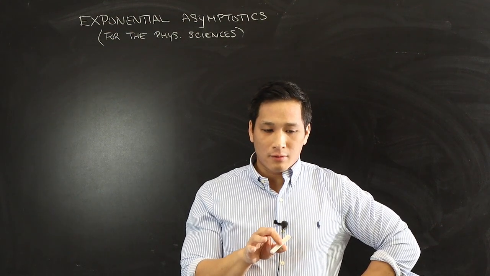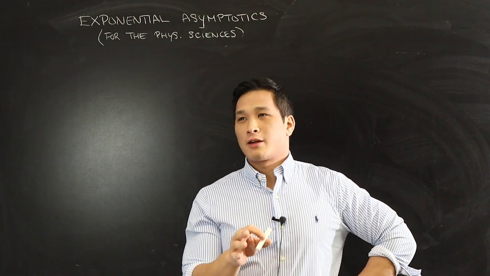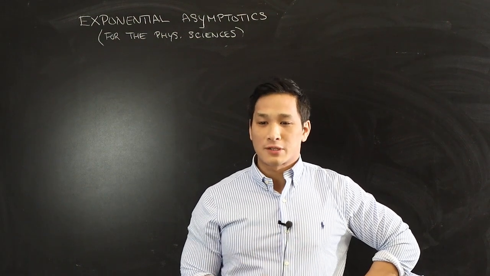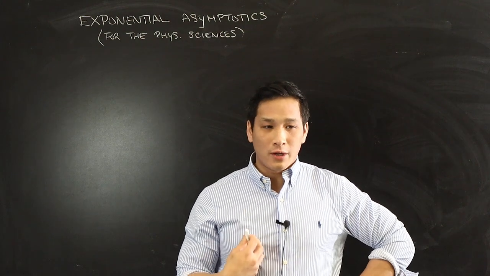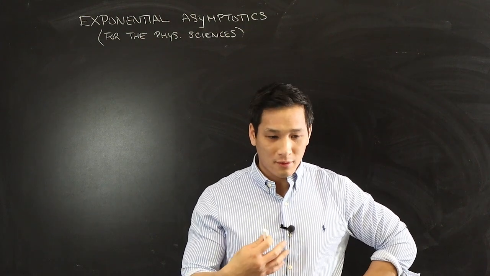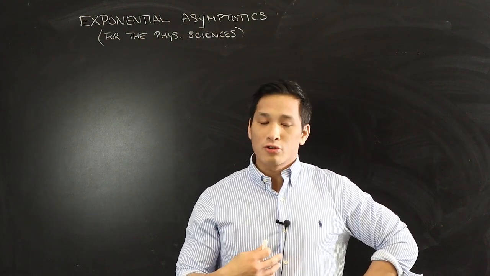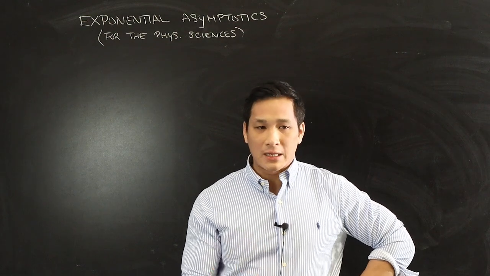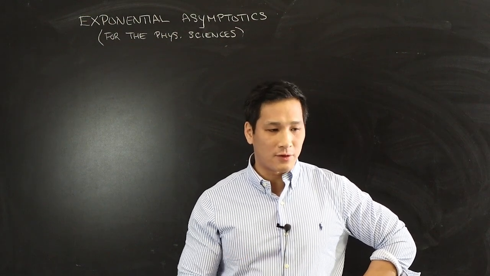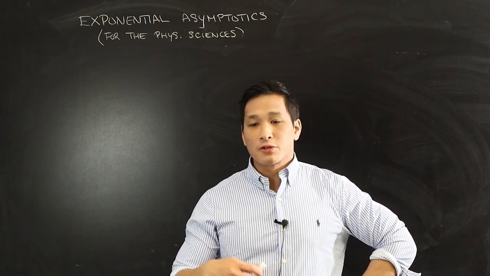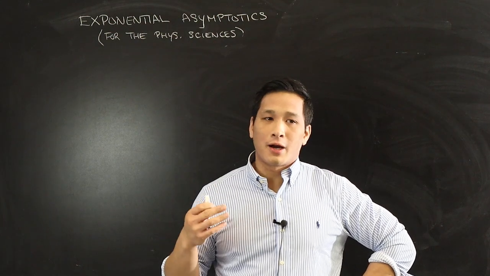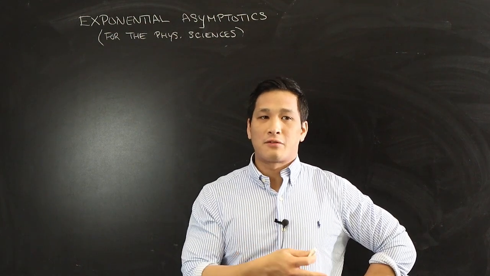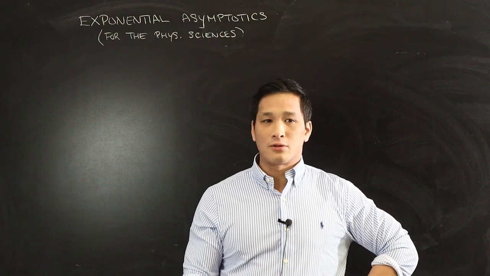So this course is titled Exponential Asymptotics for the Physical Sciences, and generally the problems that we are given in the physical sciences usually involve differential equations like PDEs or ODE systems of differential equations, and also integral equations as well. And that's kind of in your mind if you're thinking about classifying different problems where you can apply asymptotics to.